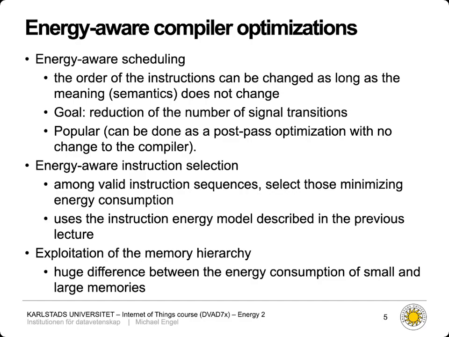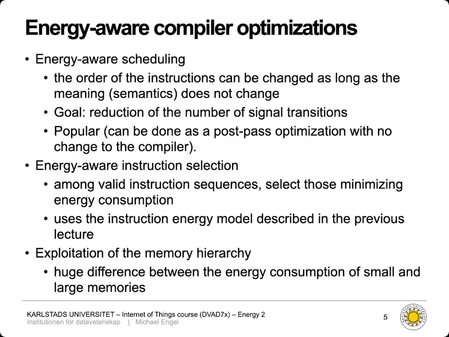So very often a compiler tries to change the order of instructions on machine level, and it can do this as long as the meaning of the program, so the semantics, does not change. So if we do an add first and a subtraction after, or the other way around, doesn't really matter as long as no variables are involved in both of these operations.